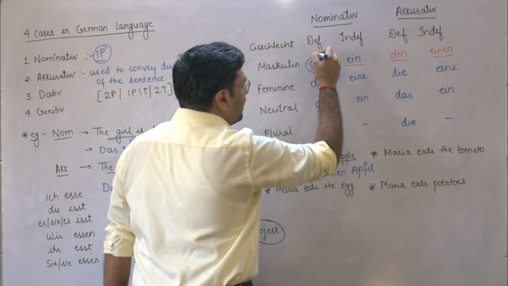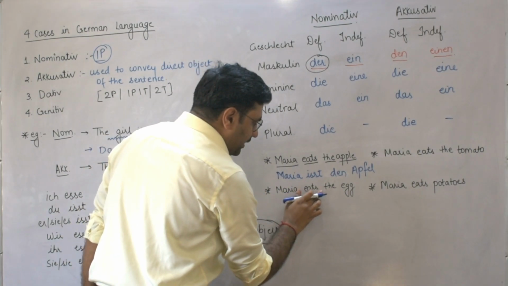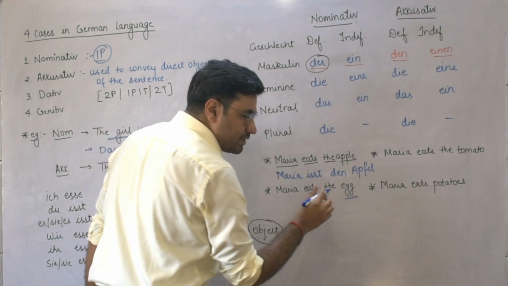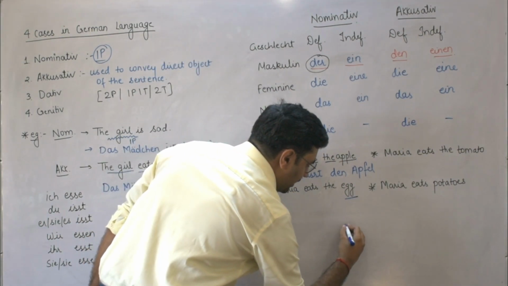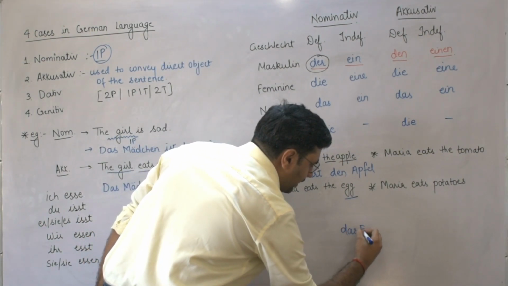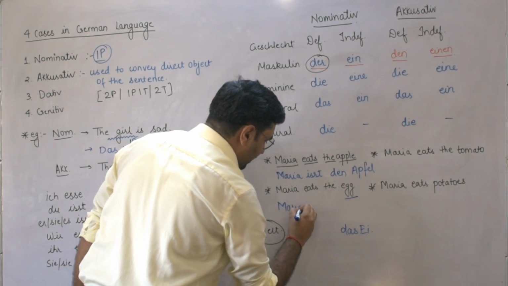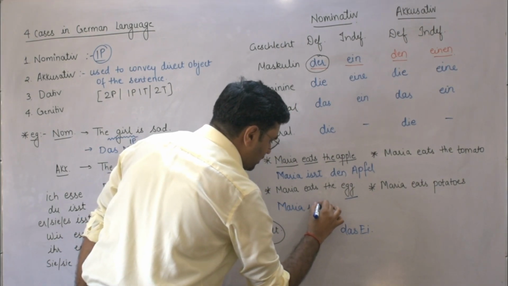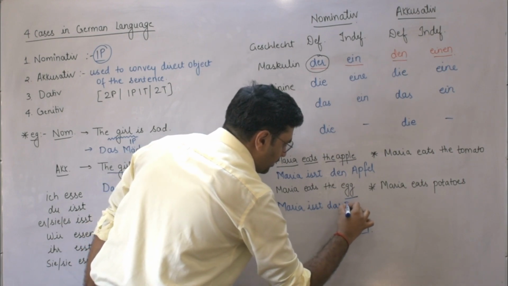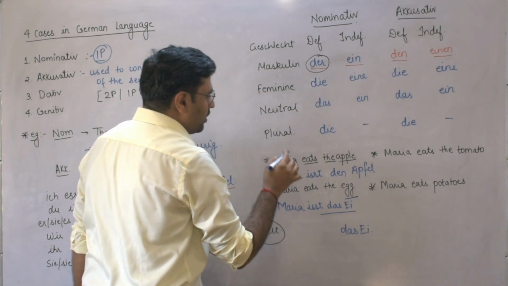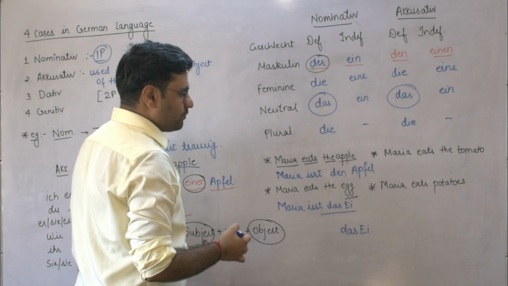Why? Because it is in the definite sense. Next, Maria eats the egg. Egg here is neuter, because it is das Ei. So Maria isst das Ei. Why is it das? Because in neuter das remains das only.